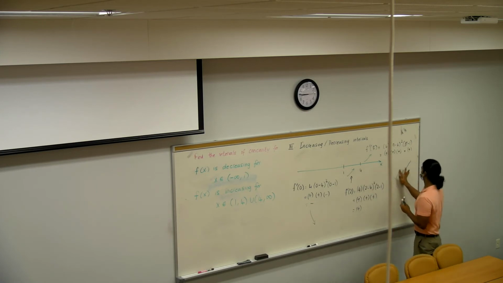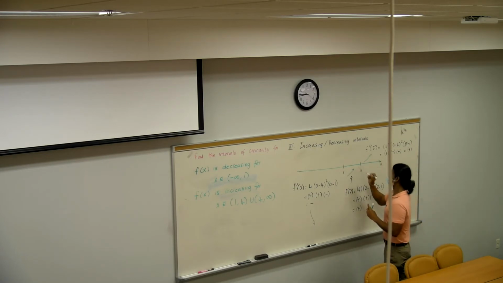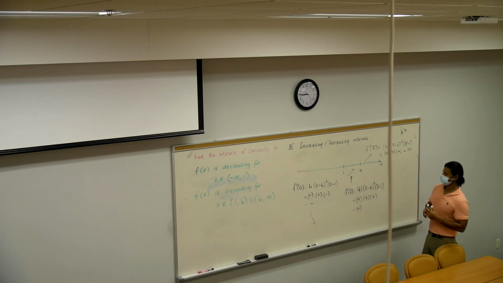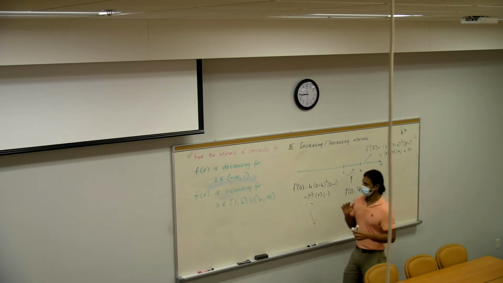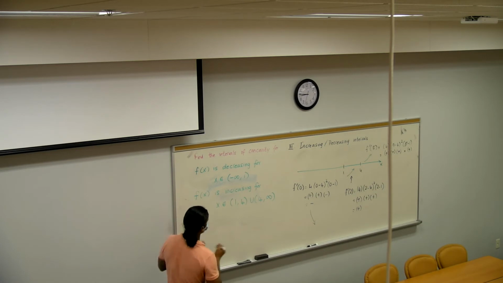Oh, it's increasing. So it'll be flat at that point, because at 4, it's neither increasing nor decreasing. I'll wait until the second derivative so that I get a better picture.